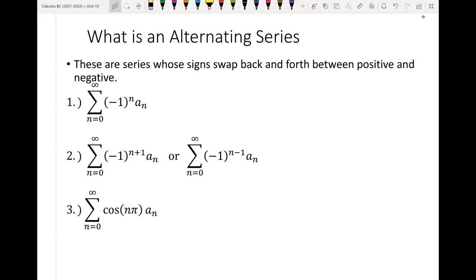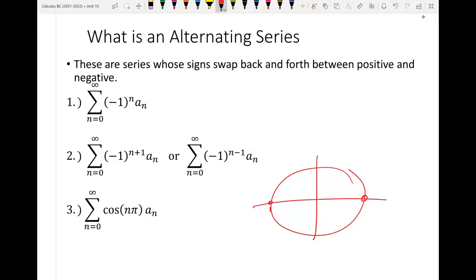And what are the values of cosine at 0 radians or at pi radians? It will go 1 and then -1, and then at 2 pi it's back at 1, at 3 pi it's at -1, and at 4 pi I'm back at +1. So it does the same thing as number 1. Number 3 is pretty much the same thing as number 1, just written in a confusing, tricky way.